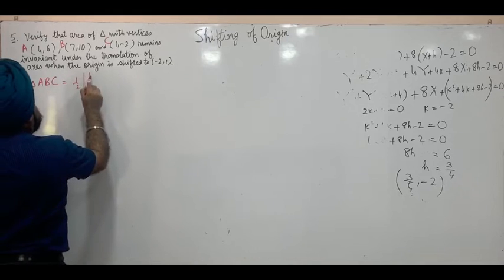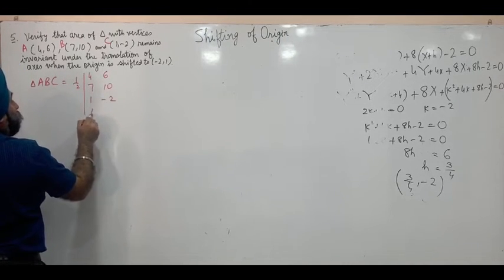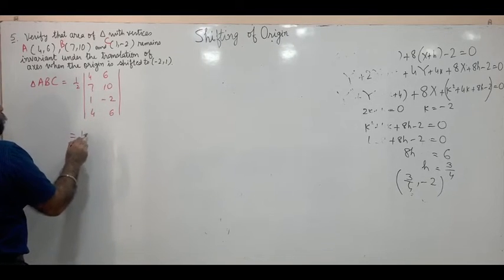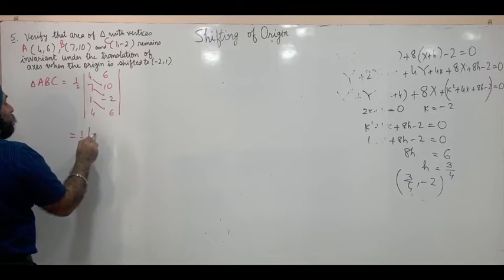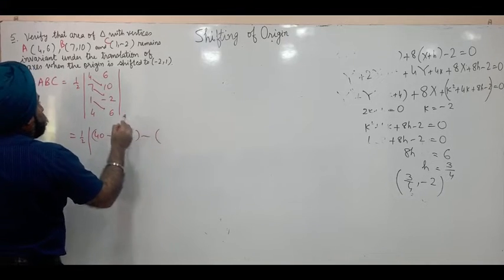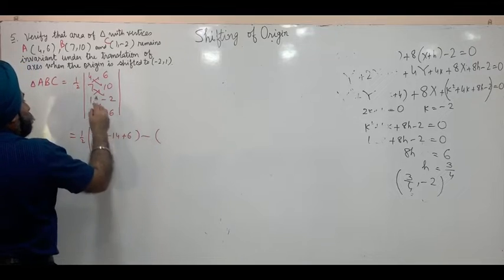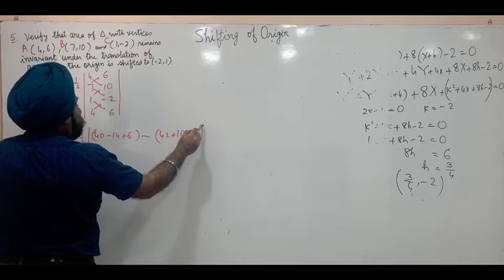Half, coordinates of A, this is B, this is C, coordinates of A repeated. Downward products with positive sign, it's 40 minus 14 plus 6, and minus these upward products, minus sign outside, it's 42 plus 10 minus 8.